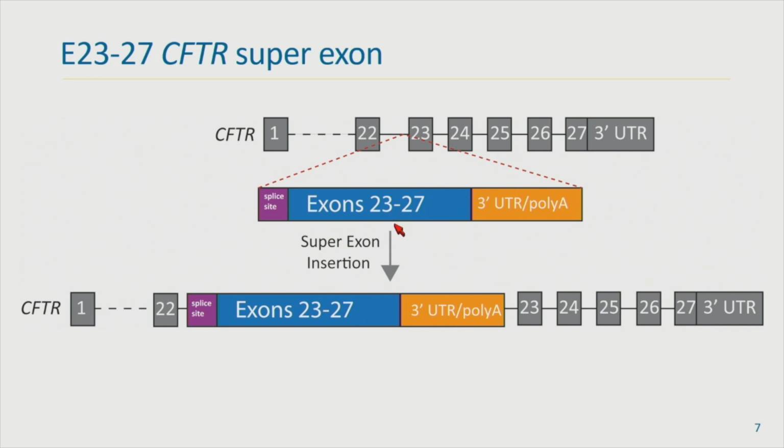So actually, first we started with a smaller superexon consisting of CFTR exons 23 through 27 inserted into intron 22. This superexon could provide benefit to about 15% of people with CF, including all of those with mutations downstream of the insertion site, which includes but is not limited to 1282X in exon 23 and N1303K in exon 24.